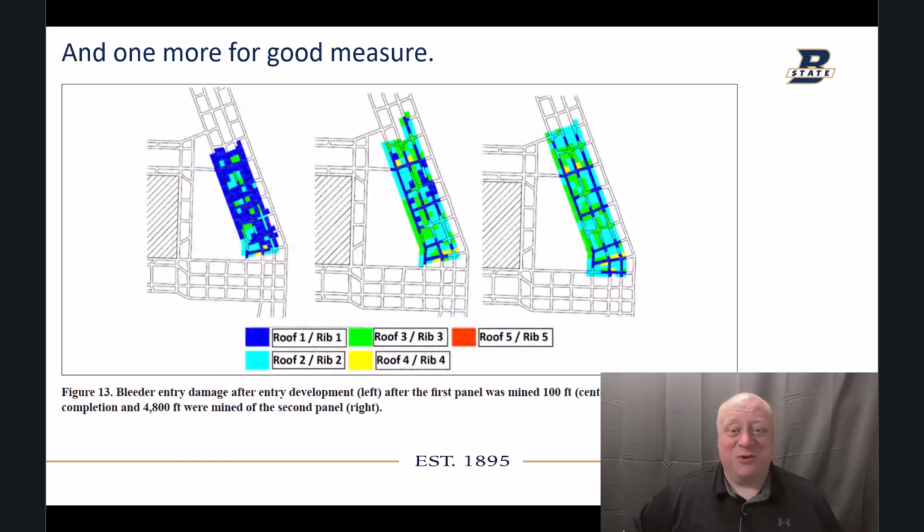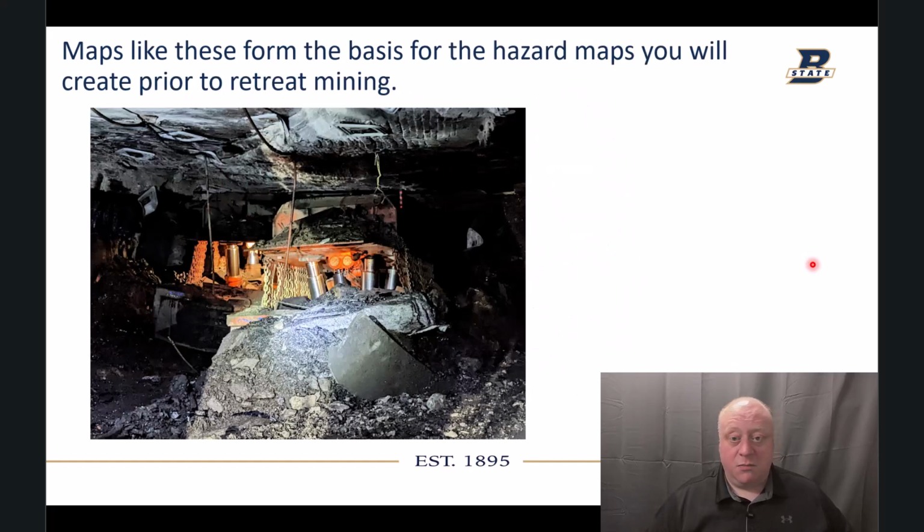And one more for good measure, I say. There is a third, which shows conditions of another section of bleeder entries before, during, and after longwall mining, right? So now the conditions of those entries change over time. These are all techniques that can be used for maps like these, right?